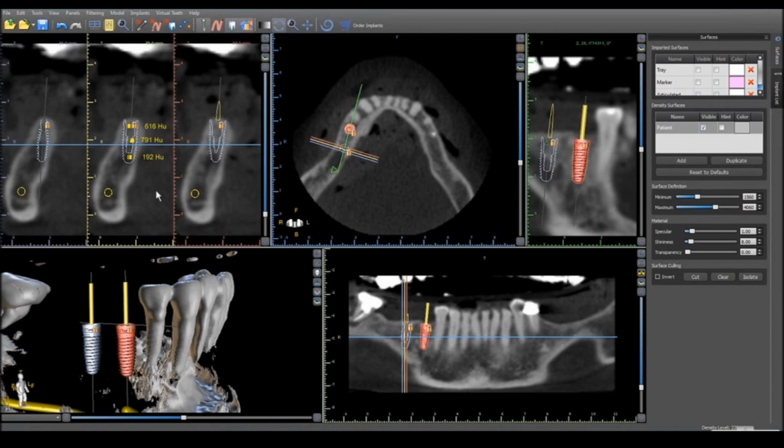I find this to be extremely helpful in planning my drill protocol, whether I undersize or not, whether I countersink or not, or how much, et cetera, et cetera. That's very, very helpful information.